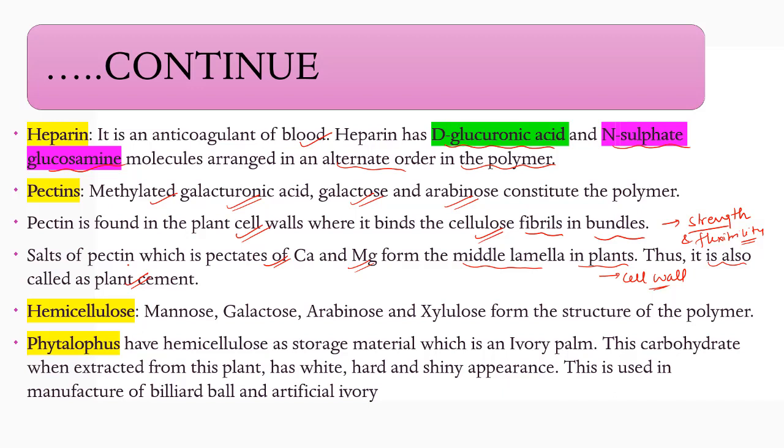Salts of pectin like calcium and magnesium pectate form the middle lamella in plants, also called plant cement. The pectins are soluble in water and they can undergo sol-gel interchange, forming a colloidal solution.